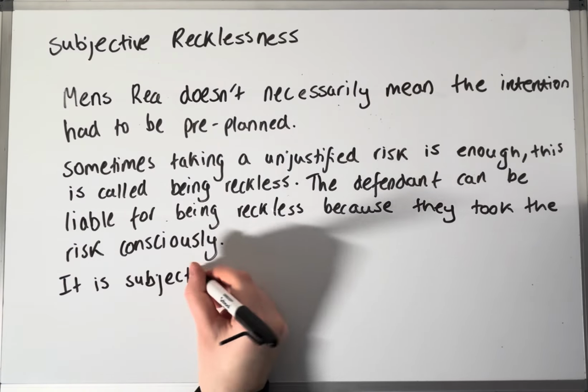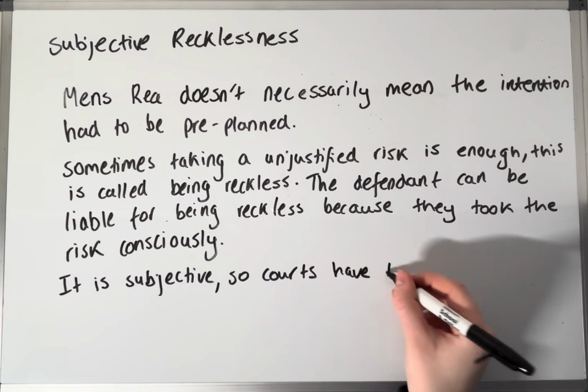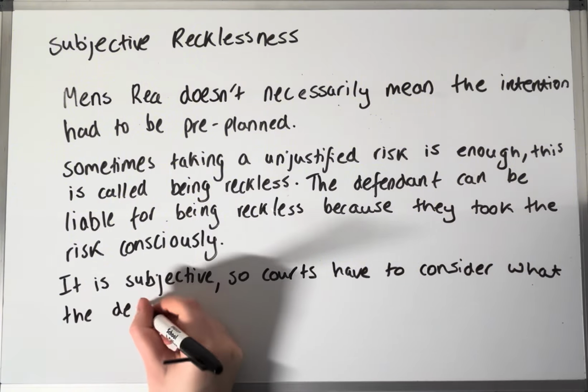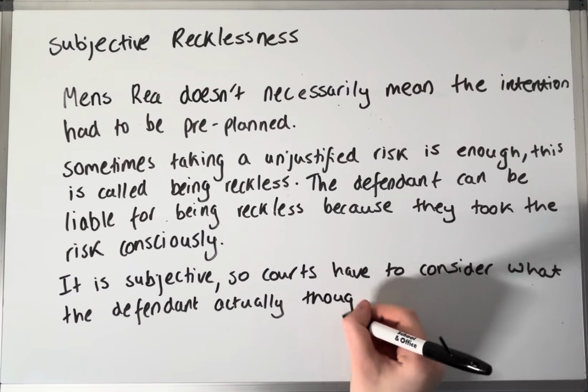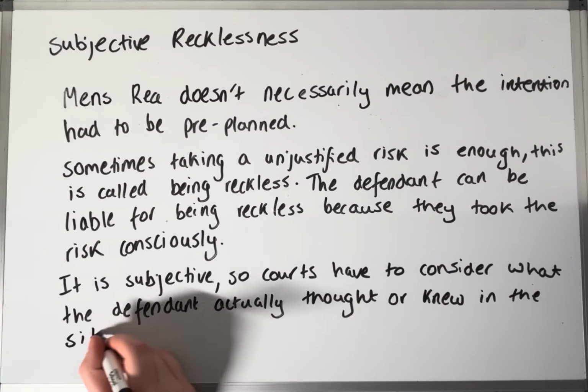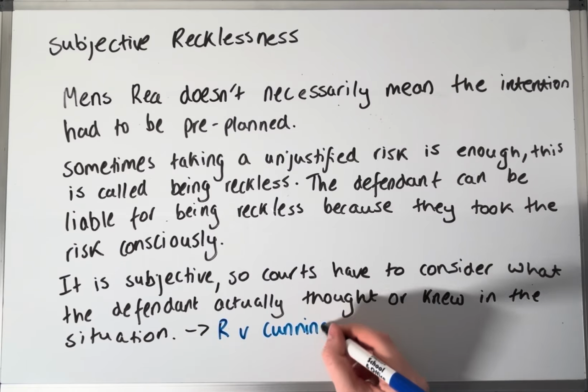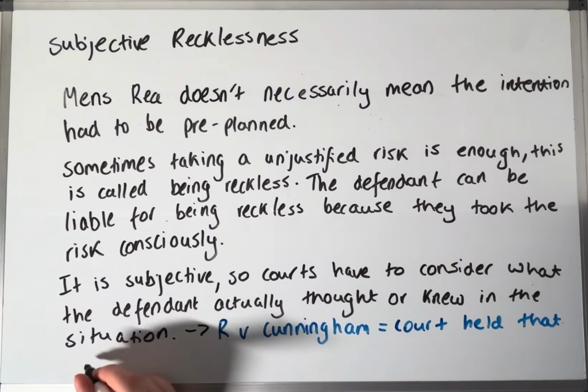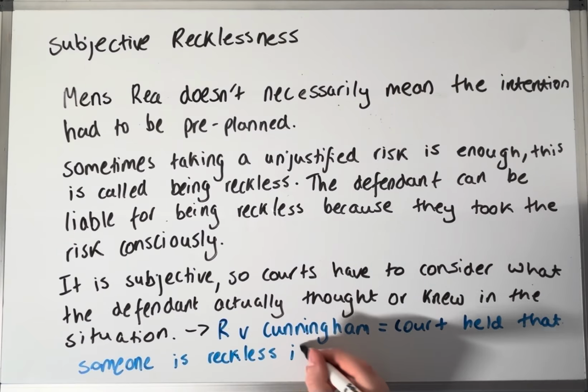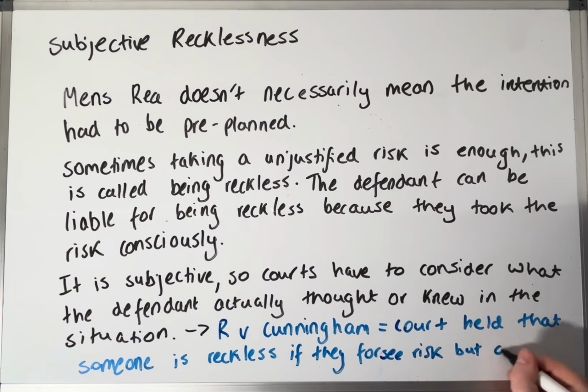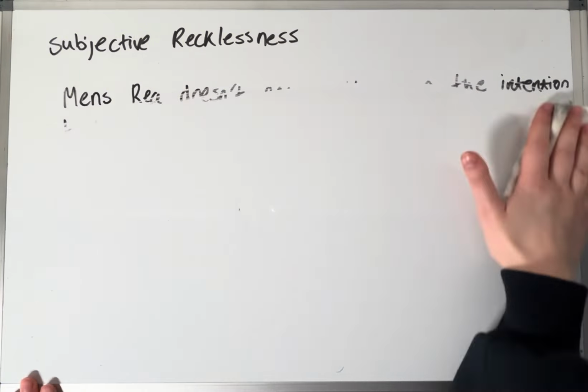When this does happen in a case, it is subjective, so courts have to consider what the defendant actually thought or knew in the situation. A good case is R v Cunningham, where the court held that someone is reckless if they foresee the risk but still go ahead.